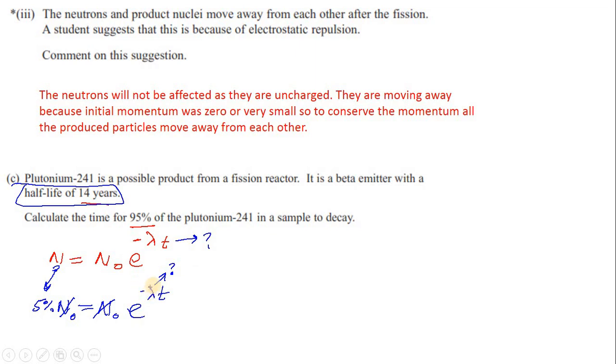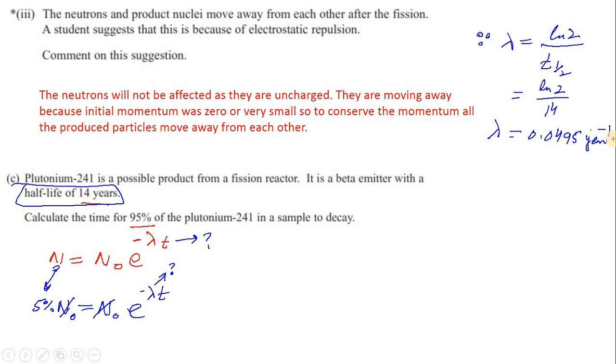Lambda is the decay constant, equal to ln 2 divided by the half-life, so ln 2 divided by 14. The decay constant is 0.0495 per year.